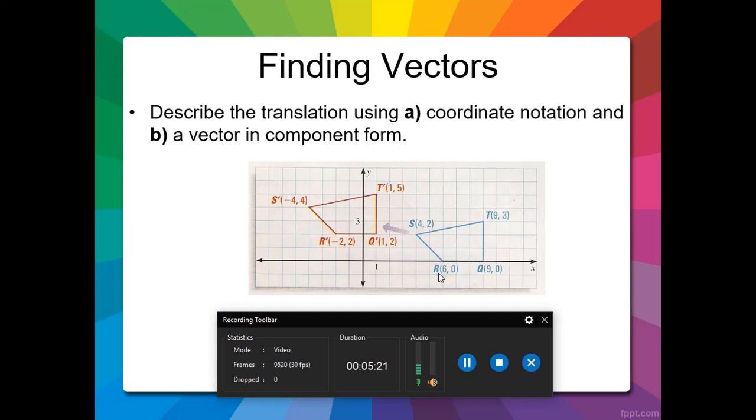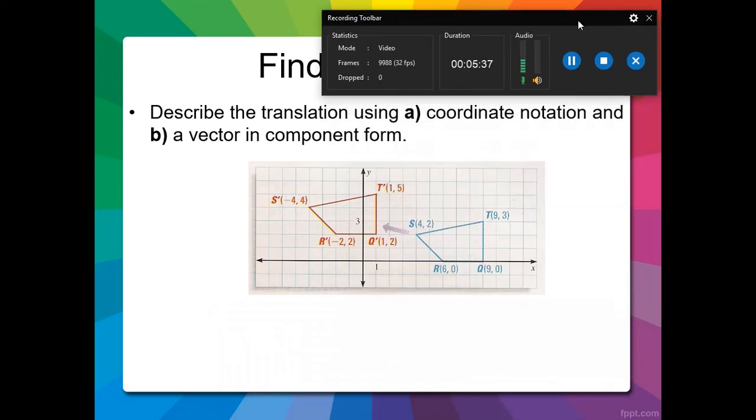So if I focus on R, we would have to move 8 to the left, so that's negative, and then 2 up. So we have to write it first in coordinate notation, so that's the older version. The capital T seems easiest, so 8 to the left, 2 up, and then in vector form, same setup.